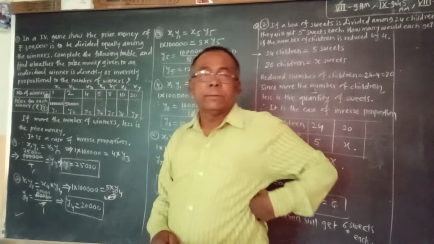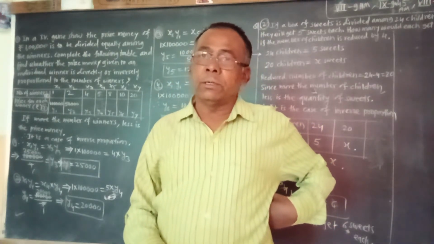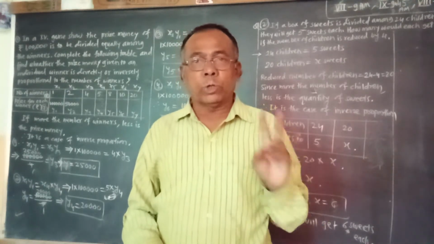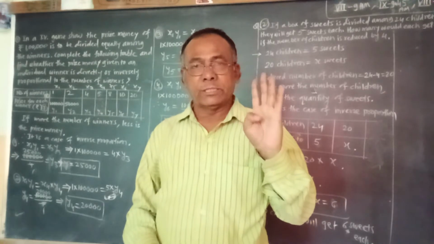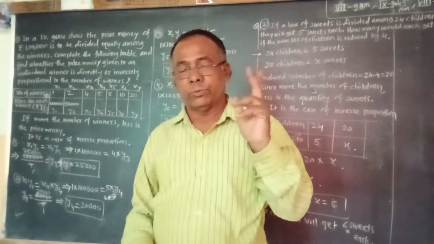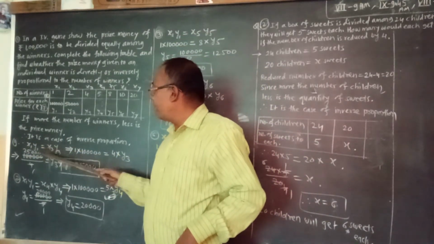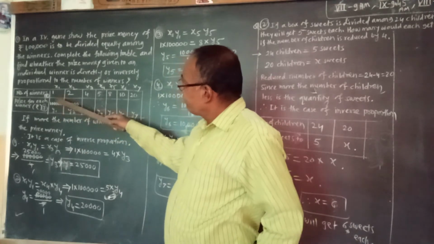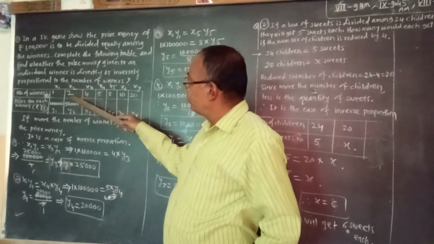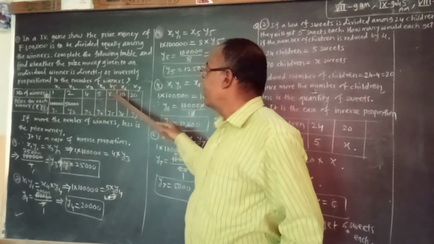And we know that in inverse proportion, the product x1 y1 is equal to the product x2 y2. So here the number of winners 1 is x1, 2 is x2, 4 is x3, 5 is x4, 8 is x5.